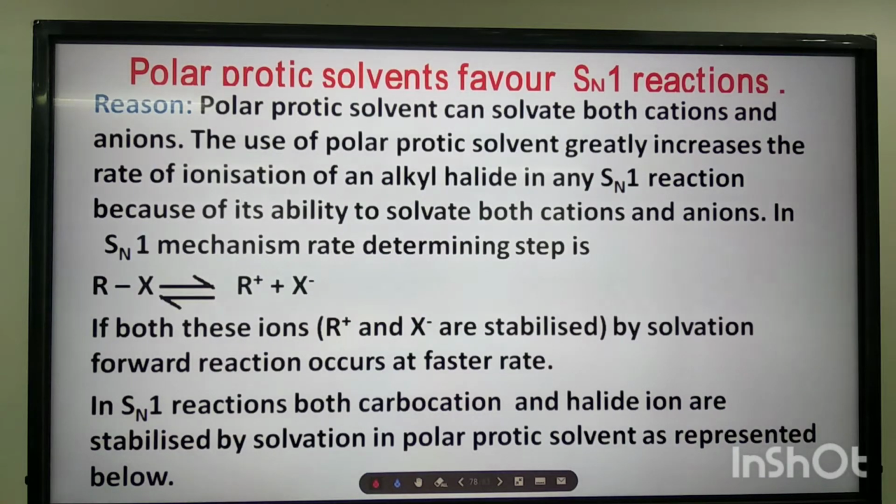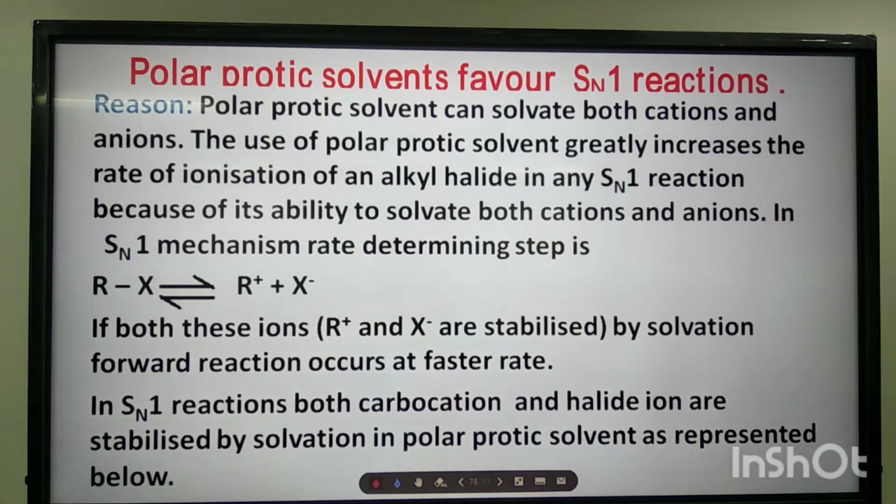Polar protic solvent can solvate both cations and anions. The use of polar protic solvent greatly increases the rate of ionization of an alkyl halide in any SN1 reaction because of its ability to solvate both cations and anions. In SN1 mechanism, the rate determining step, the slowest step, is that RX gets dissociated, the alkyl halide gets dissociated to its carbocation and halide ion.